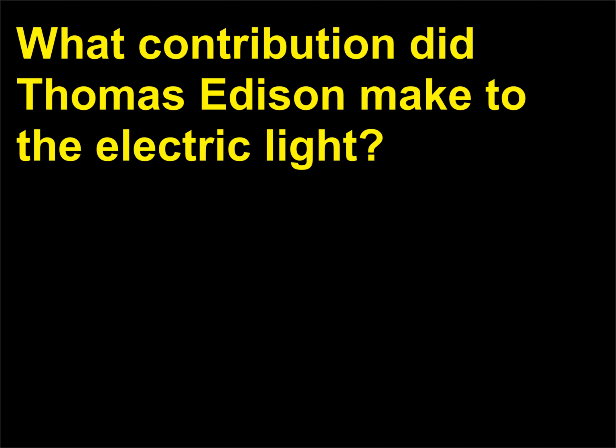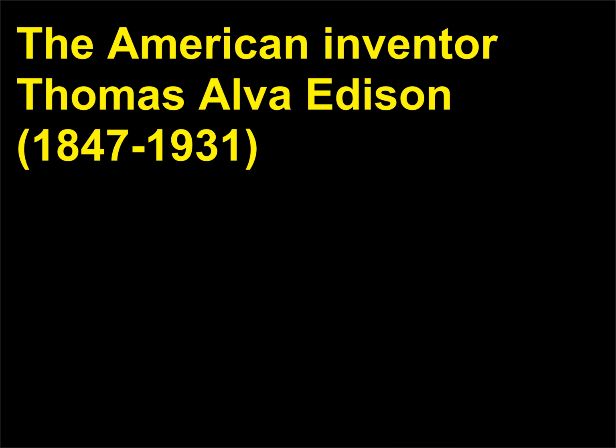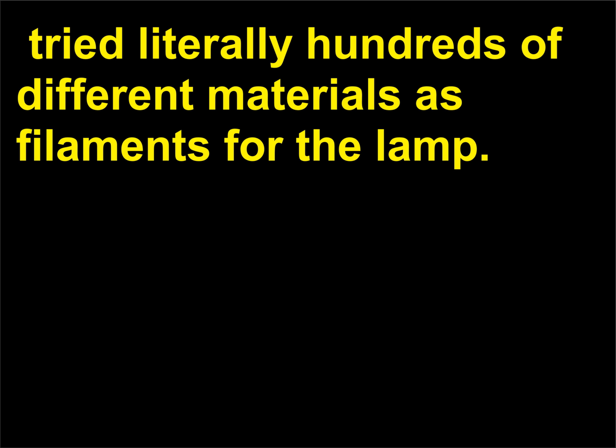What contribution did Thomas Edison make to the electric light? The American inventor Thomas Alva Edison, 1847 to 1931, tried literally hundreds of different materials as filaments for the lamp.